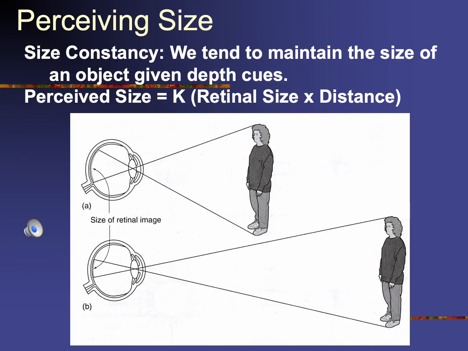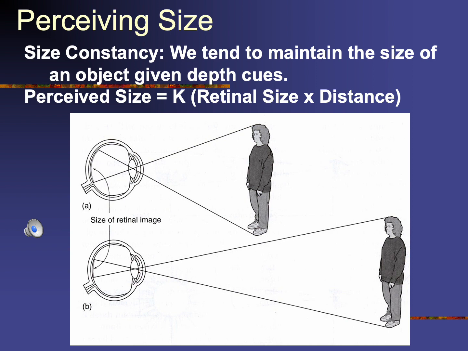And here you see a schematic depiction of this. When the person is close to your eye, the image on the retina is quite large. When the person is further away from your eye, the image is smaller. But you don't have a perception that the person has shrunk in size because the retinal image is smaller. We tend to perceive the size of objects as staying the same, even if they're far away from us and their retinal image is smaller.